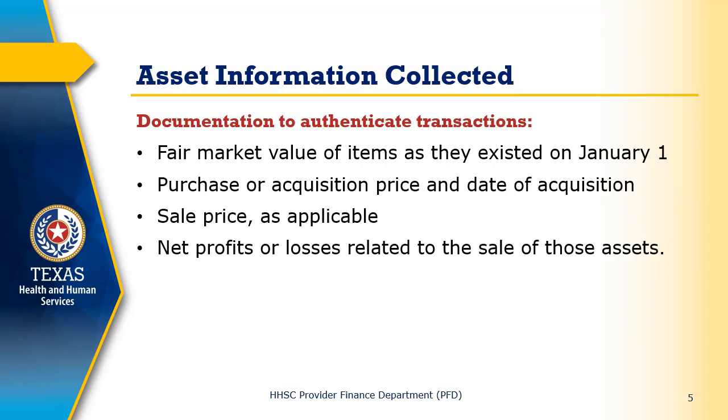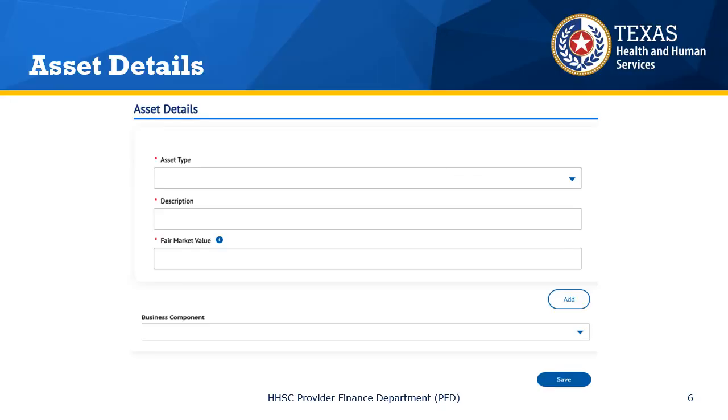For any assets that have been sold, we must document the sale price. Lastly, it is essential to calculate the net profits or losses related to the sale of these assets to provide a comprehensive financial overview. This slide demonstrates the screen view for Section 4.1 of the DAHS cost report.